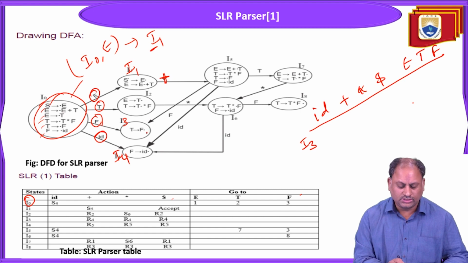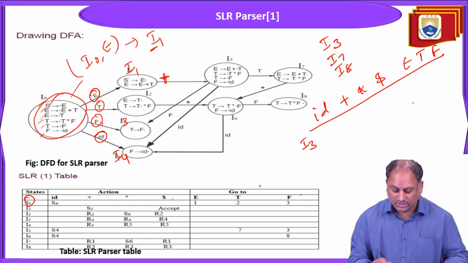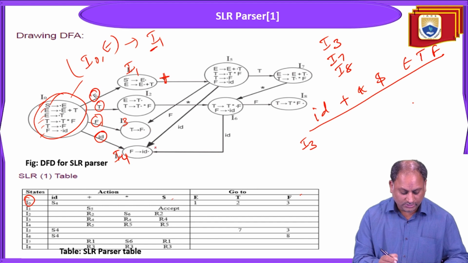So which states are to be considered final and written as reducing states? Here the reducing states are I3, I4, I7, and I8, because these are the final states.